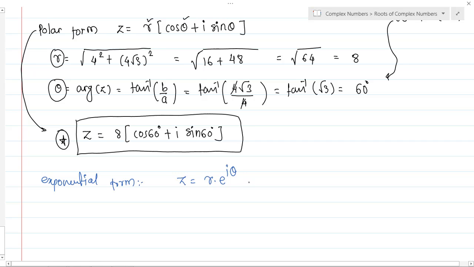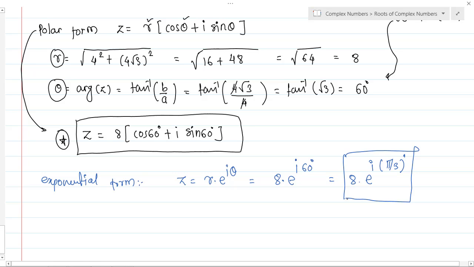What is the value of r? 8. 8 into e raised to i, what is theta? It is nothing but 60 degree. How will you write it in terms of radian? 60 means 180 by 3, which is nothing but pi by 3. This is the radian. So this is my final answer.